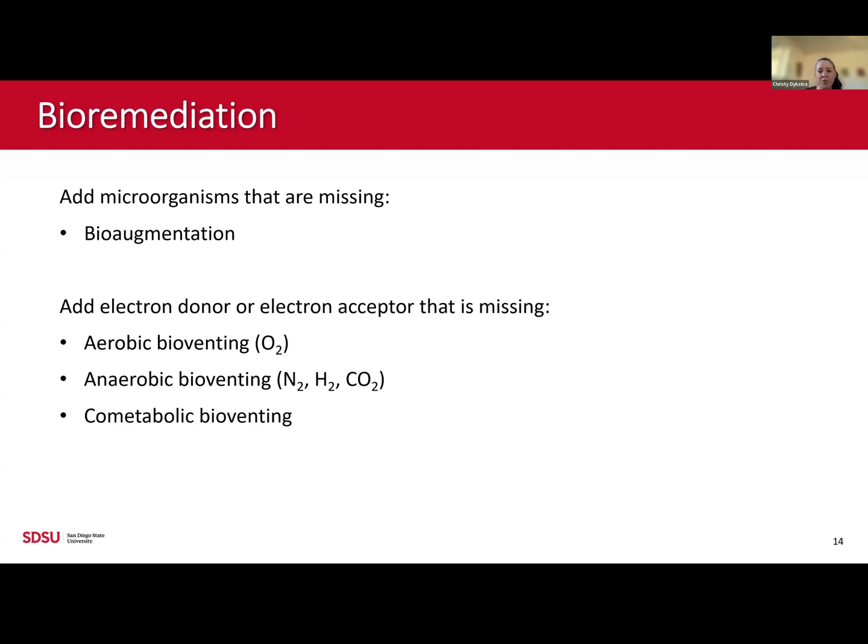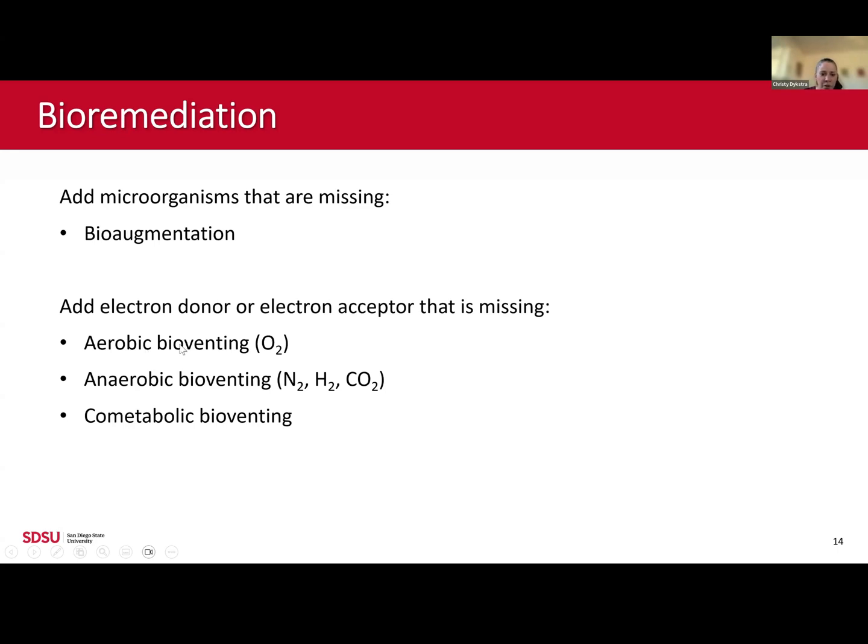So it's not always just about finding the right microbe, because creating the environment is just as important so that they can do their job in removing that contaminant. So in a lot of cases, what we do is not so much bioaugmentation as adding things that are missing that will allow native microbes to do what they can already do and remove that contaminant.